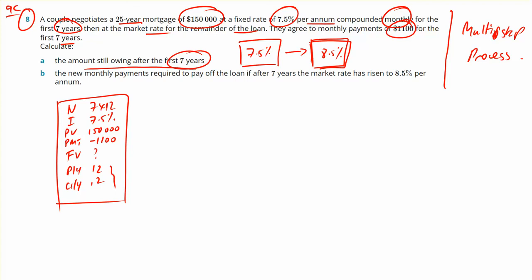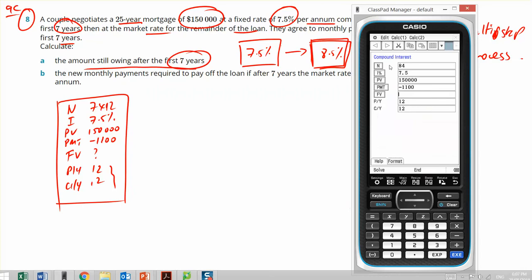So let's put this on our finance calculator. I'm going to clear all and go back to compound interest. My N is 7 times 12. My I is 7.5%. My present value is 150,000. My payment is negative 11,000, and my final value I'm trying to calculate, so I'm leaving it blank. My PY and my CY are both 12.